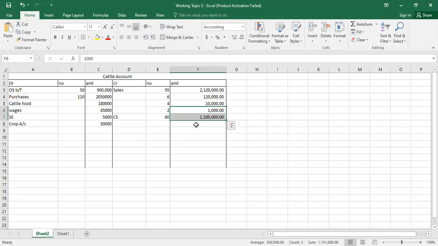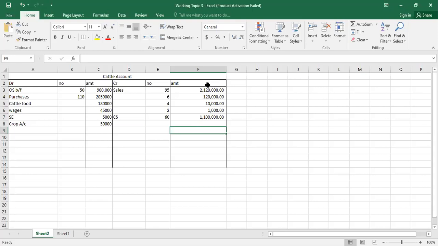So there we are. So the difference will be our profit. If it is a credit difference, it will be a loss. If it is a debit difference, of course, it will go to the general P&L as a profit.